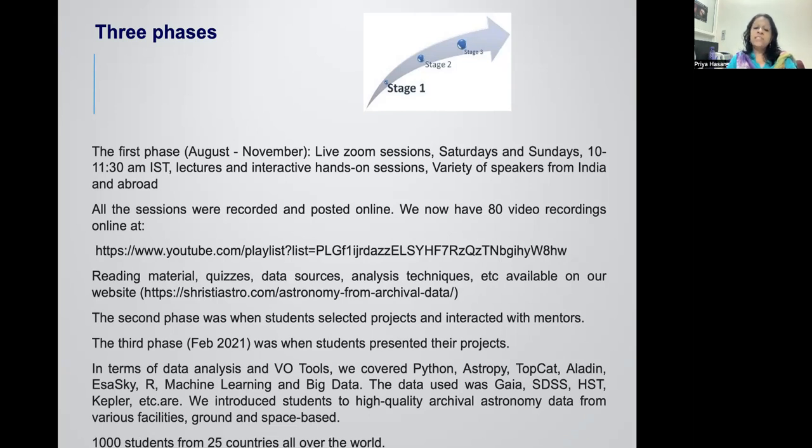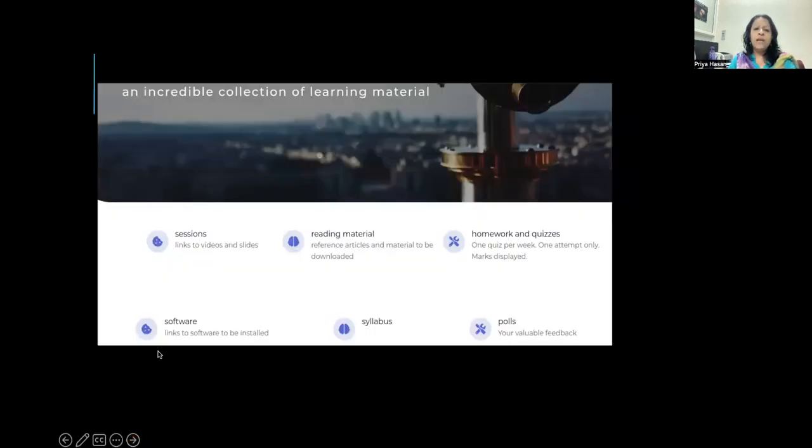And the data we used was essentially Gaia, Sloan Digital Sky Survey, HST, Kepler, TESS, etc. And we introduced students to high-level archival astronomy data, and they could actually do projects, some with the mentors as well as with us. And in February 2021, the students presented their projects, and all that material is available online on our website. So we have a website which has details like the sessions, reading material, quizzes, polls, etc.